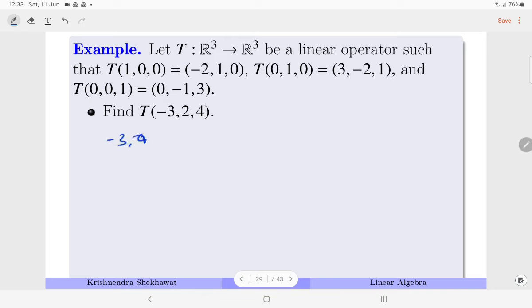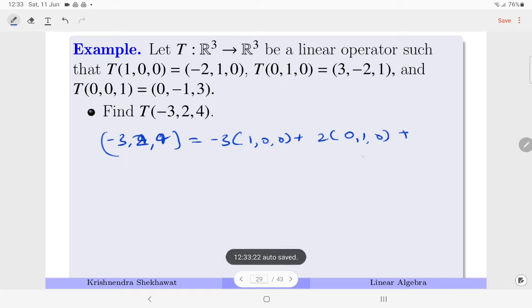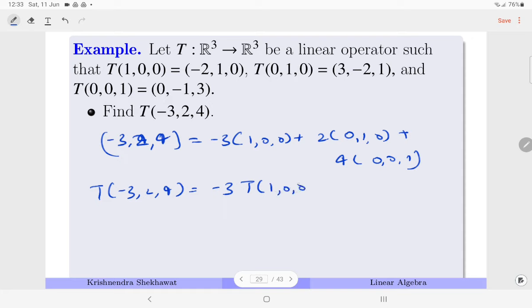So here it's interesting to observe that (1,0,0), (0,1,0), and (0,0,1) are the basis vectors of R cube, and therefore (-3,2,4) can be expressed as -3 times (1,0,0) plus 2 times (0,1,0) plus 4 times (0,0,1), and if we apply T on both sides, it becomes T(-3,2,4) is -3 times T(1,0,0), which is given, plus 2 times T(0,1,0) plus 4 times T(0,0,1).